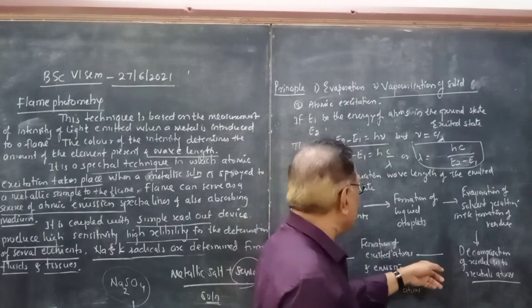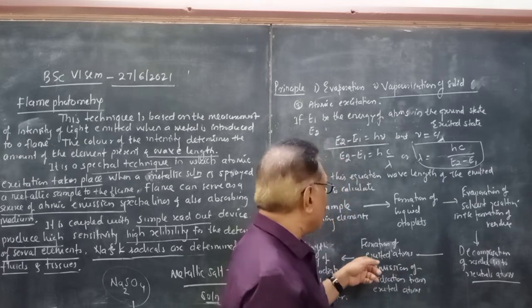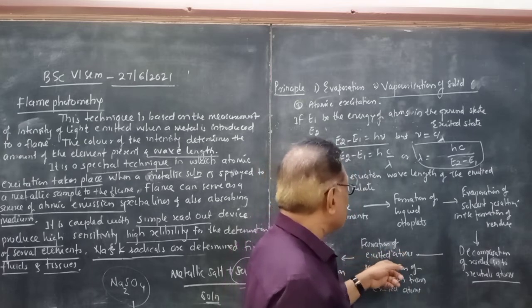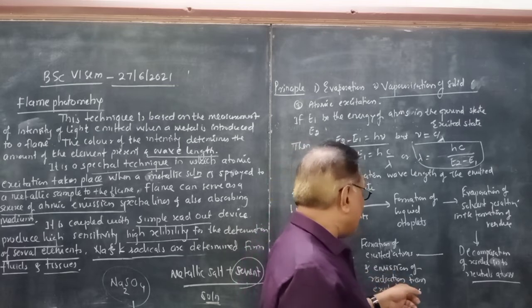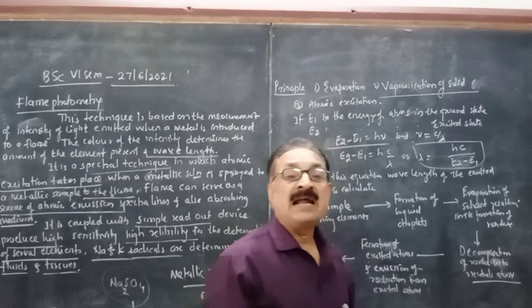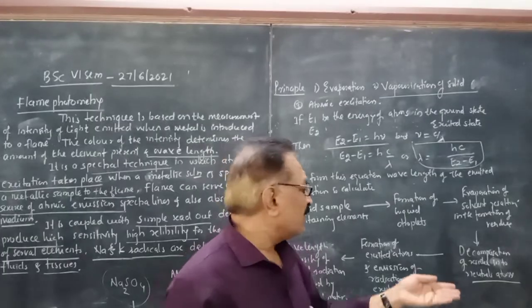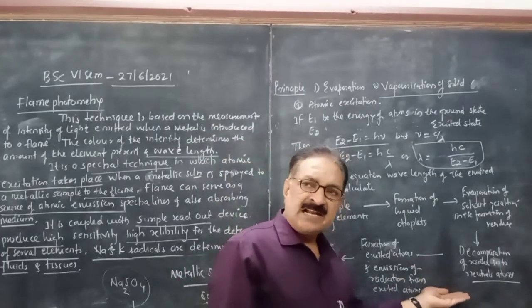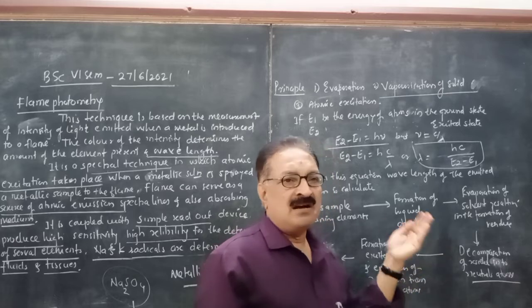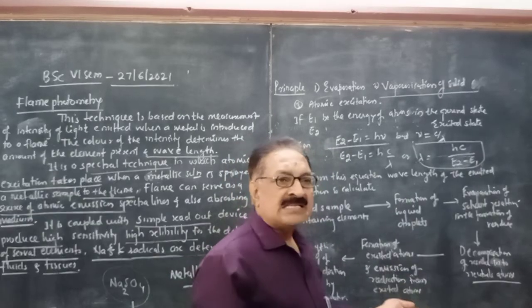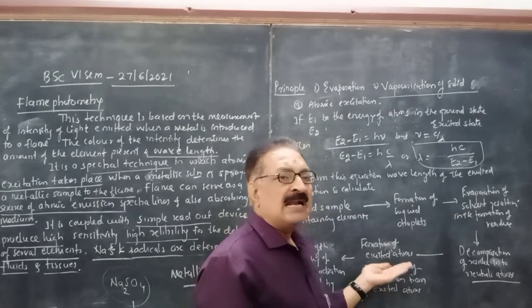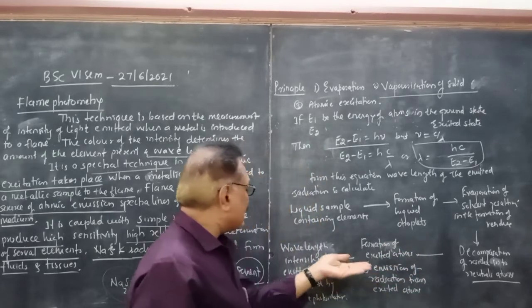When the neutral atoms remain in the flame, excited atoms are formed and radiation is emitted from them. Here they are in a neutral state, in the ground state. When they come in contact with the flame again, excitation takes place and the atoms move towards the higher energy state.